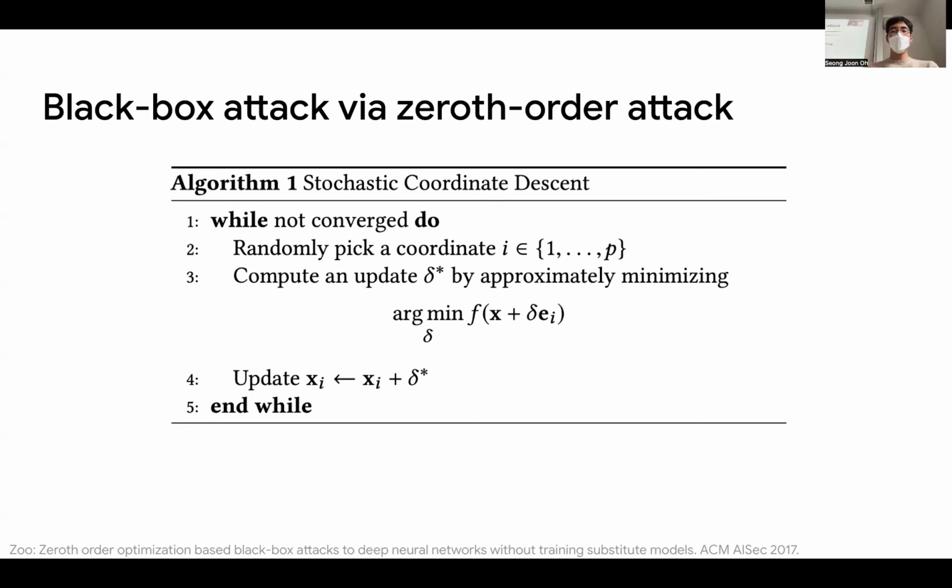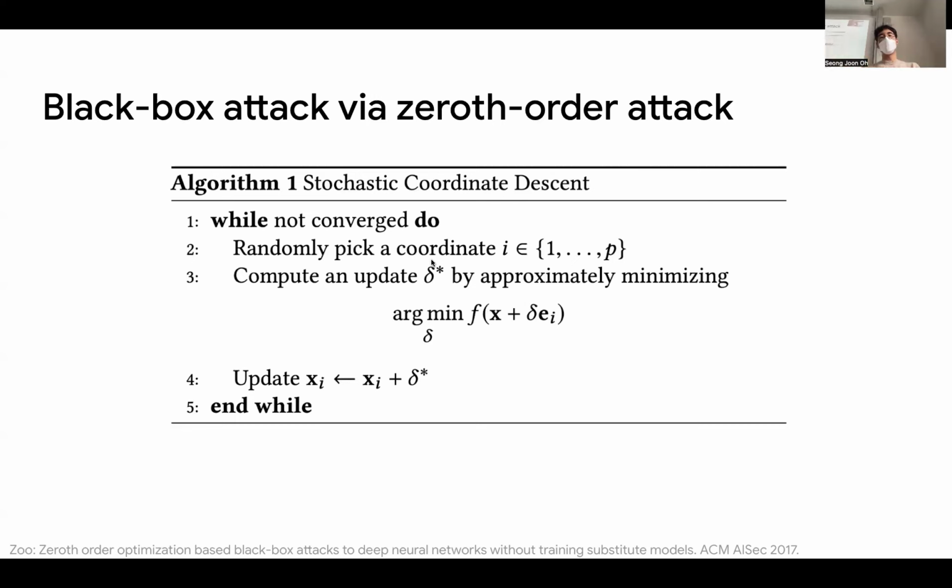And for every pixel, we can do API calls, right? And then find the values of perturbations for that pixel that give me the right response from the API. So yeah, that's exactly this algorithm. The second line says randomly pick a coordinate, but this is usually not very efficient.